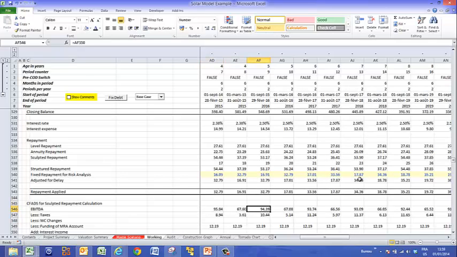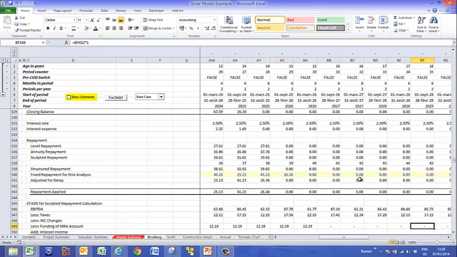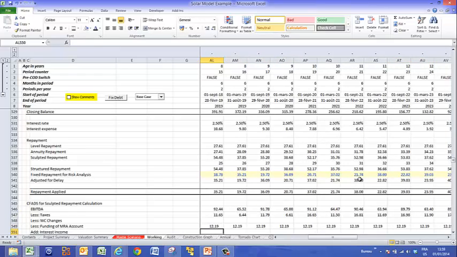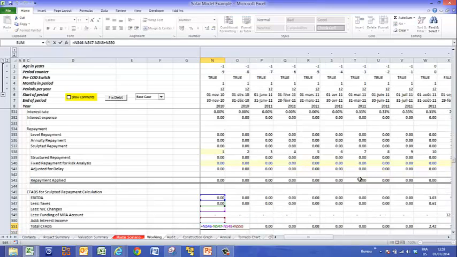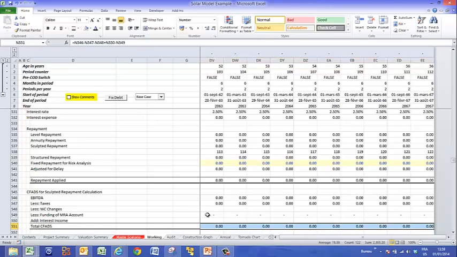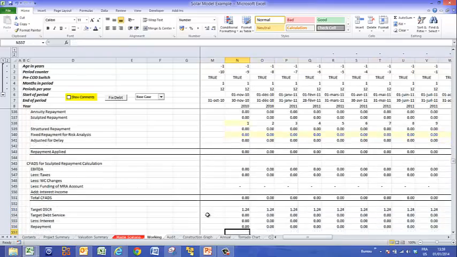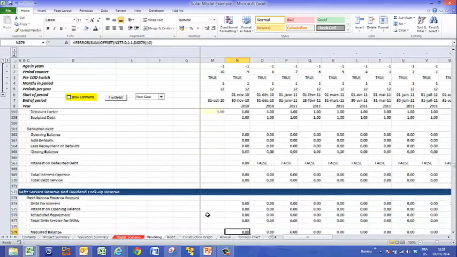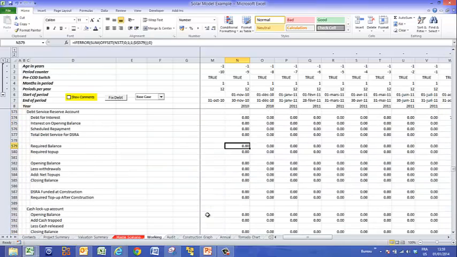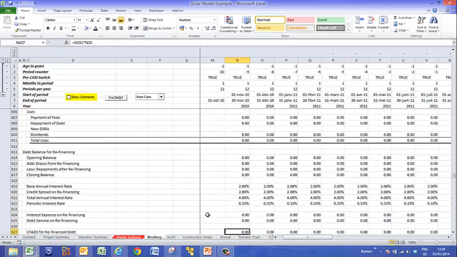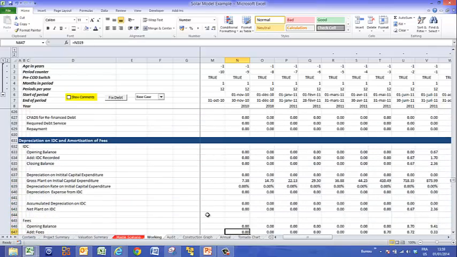Here's the EBITDA, here's the taxes, and then we have to take 12 away from this. And then we better subtract the funding of the debt service reserve account from this. Did I start it? I hope I started at the beginning. It doesn't affect, I hope, the debt service reserve account, at least directly, or the refinancing.